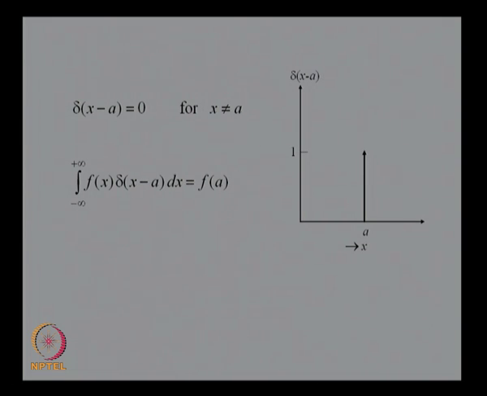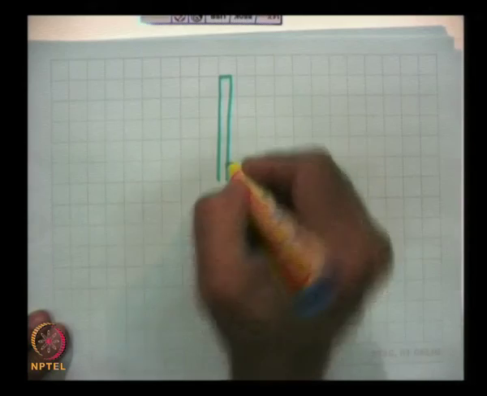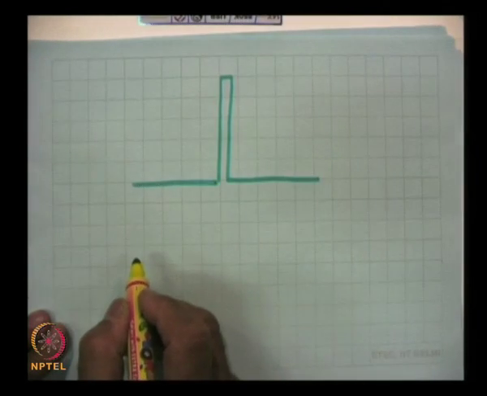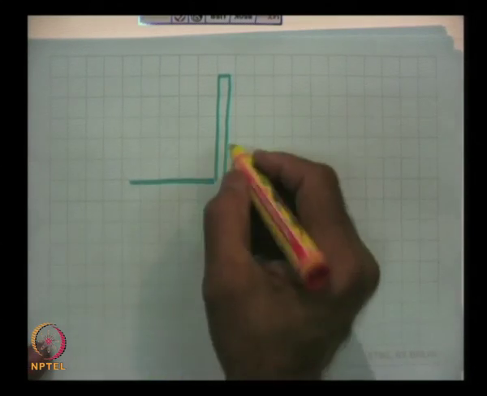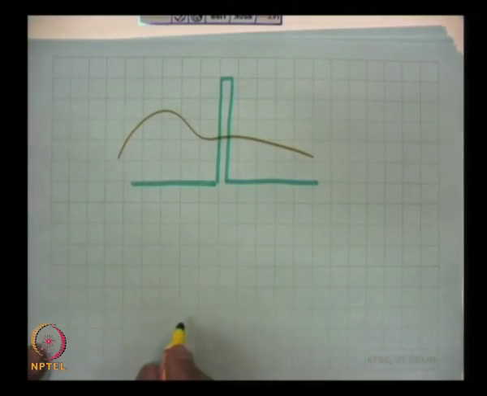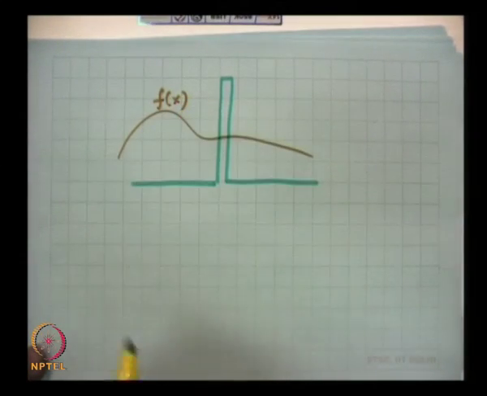Let me do this once again. What I have tried to tell you is that I have a very tall function, and this is 0 here, this is 0 here. Now, I consider another function, this is the rectangle function. I have another function like this, this is f of x, which is smoothly varying.